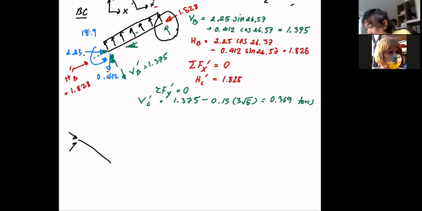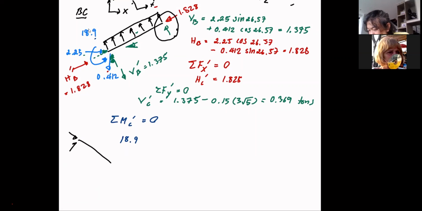So I'm running out of colors. Sigma MC prime equal to 0 to get the end moment. Okay. Oh, don't forget that you also have this moment. So 18.9.